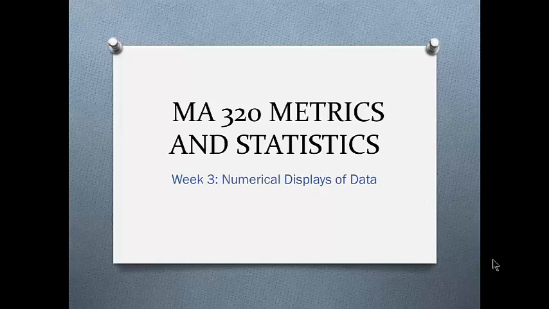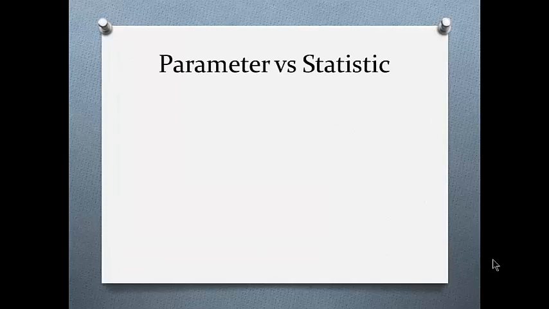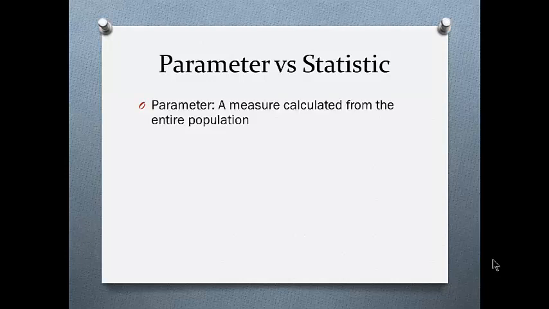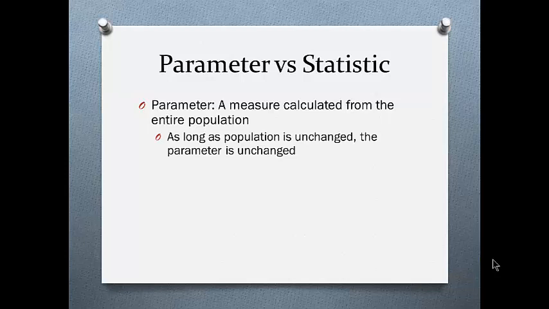But before we get too far into that, we want to make sure we clarify the difference between a parameter and a statistic. This we talked about in week 1. A parameter measures the entire population. Everybody is calculated into a parameter. And why that's important is as long as the population is unchanged, the parameter is also going to be unchanged.